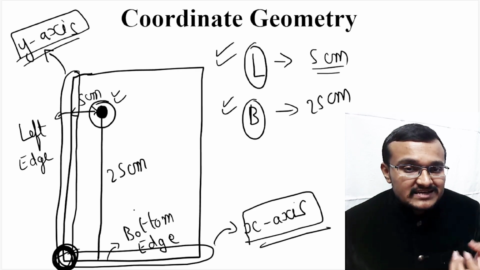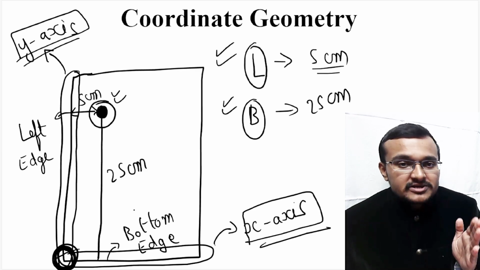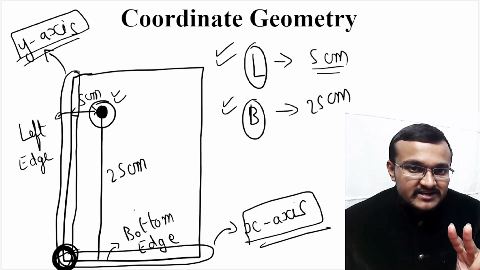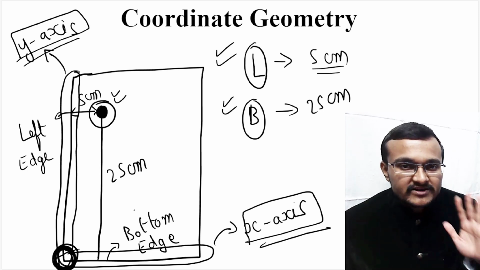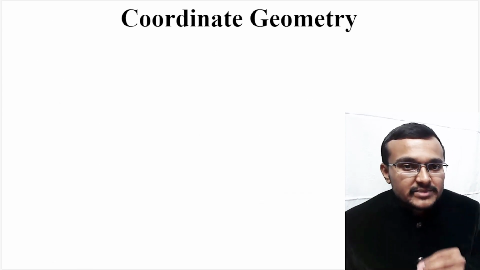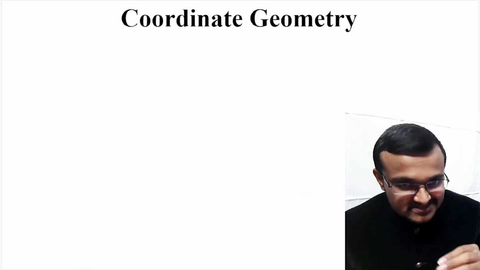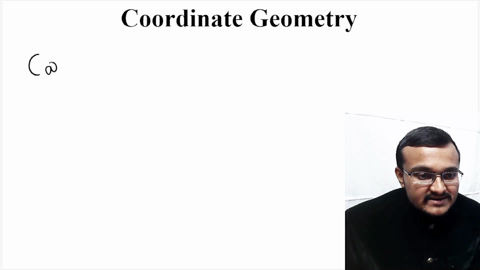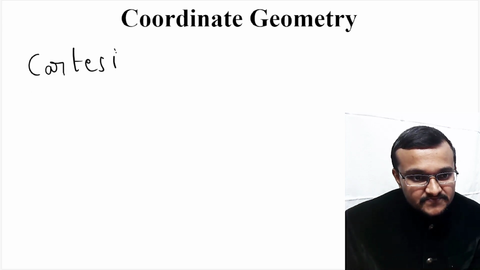That means if you want to locate any position on a two-dimensional surface, you need two pieces of information with respect to two different axes. This is how we end up creating axes, and these axes are known as the Cartesian system.